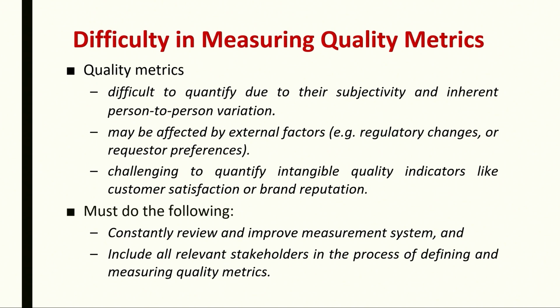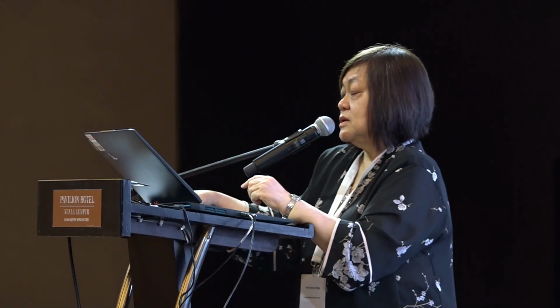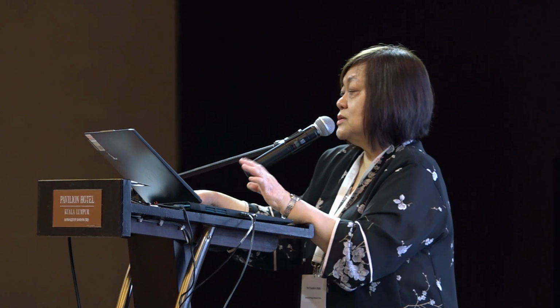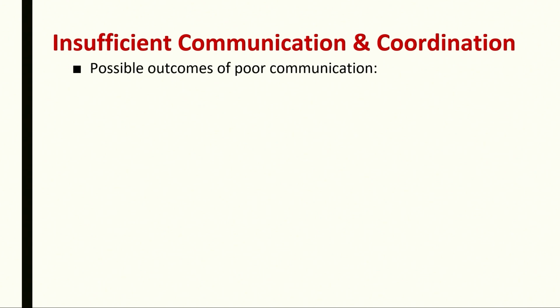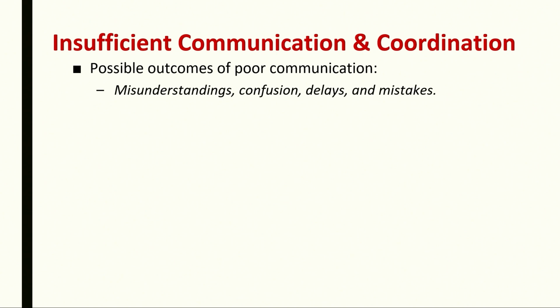The other thing is to do with communication. Just to give you one example. And the other one is coordination. Communication, coordination can be not wrong, but not enough. So when you get poor communication, what is the impact, what is the outcome? That's when you get misunderstanding, you get confusion, worst case scenario, delays, all right?